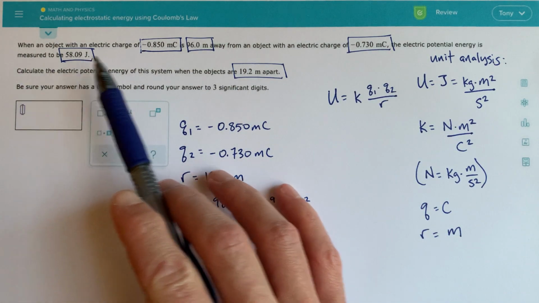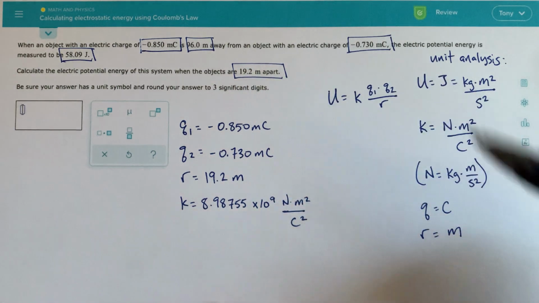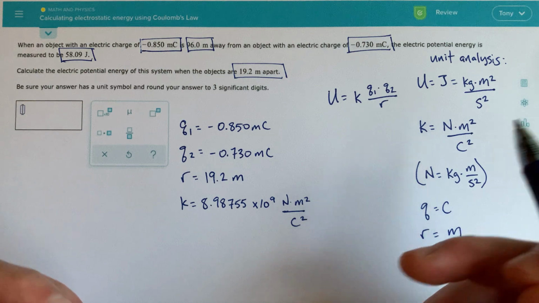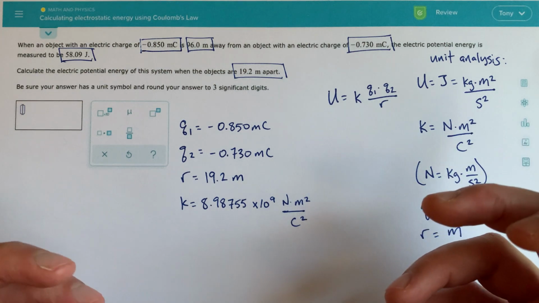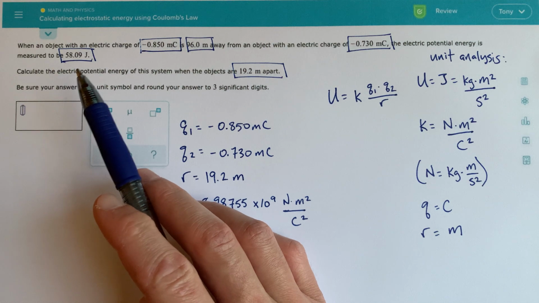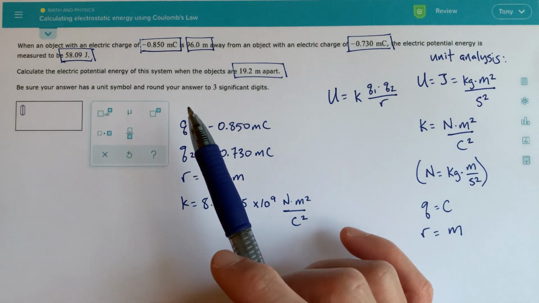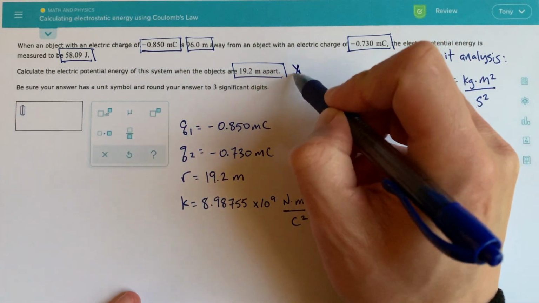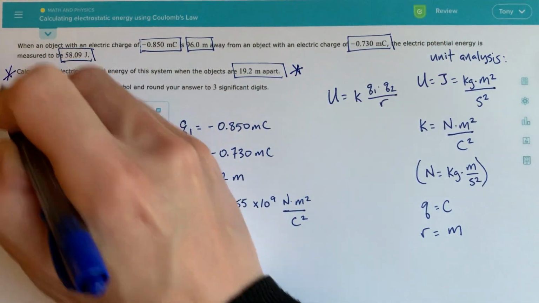So this is basically setting up a situation where two charged objects are a certain distance away from one another, and we can measure their electric potential energy.